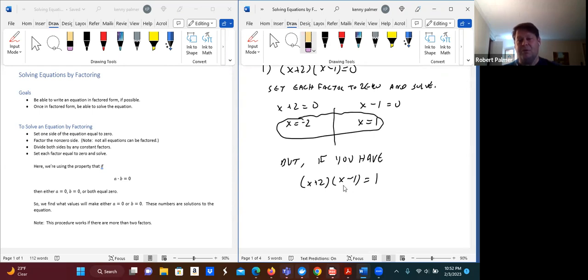So you don't set each one of these equal to 1 or anything like that. The problem with that is there are essentially too many solutions. It just doesn't work that way. So it's only when they're equal to 0. If it's equal to some constant, this procedure doesn't work.